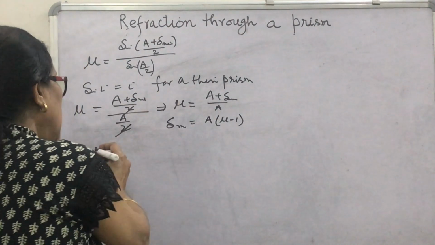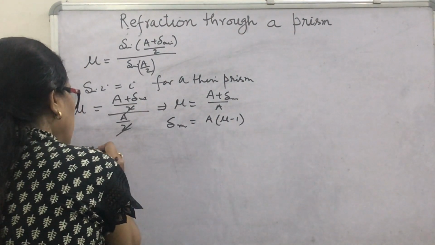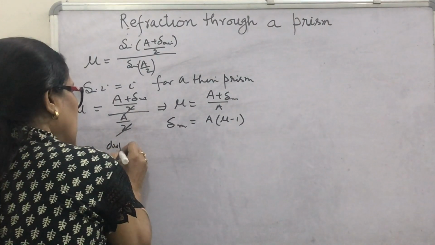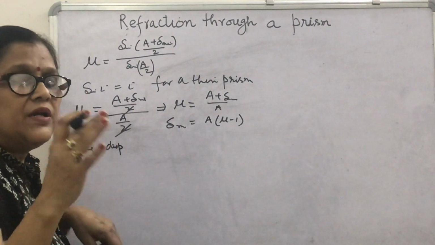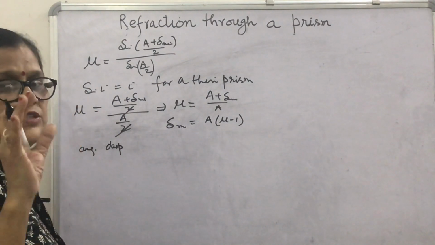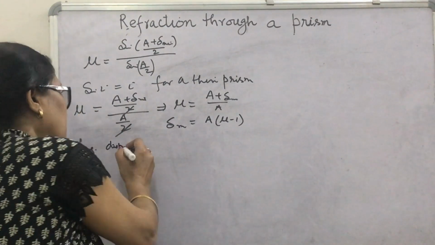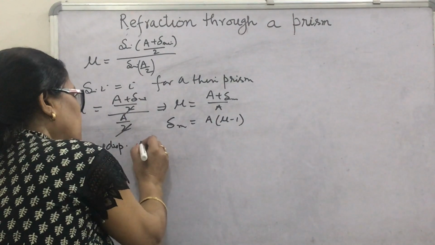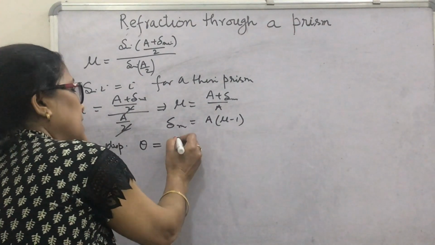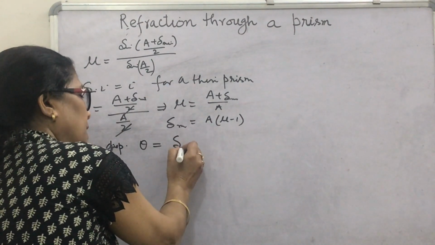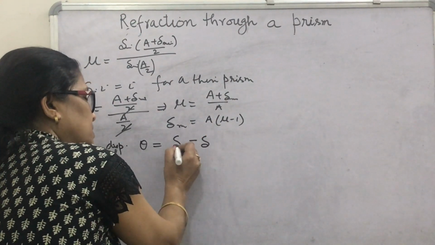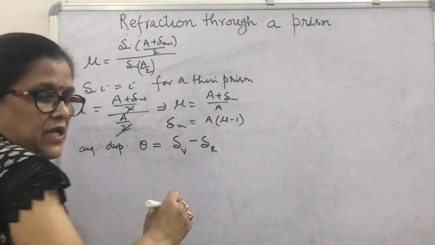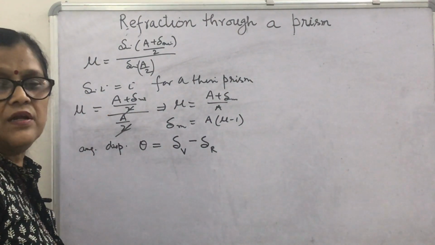What is angular dispersion? This process in which white light, when it passes through a prism, is broken into its constituent colors is called dispersion, and angular dispersion is given by theta, and it is measured by the angle of deviation for violet color minus the angle of deviation for red color.